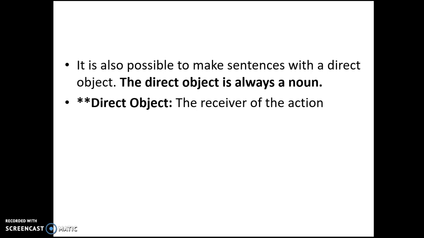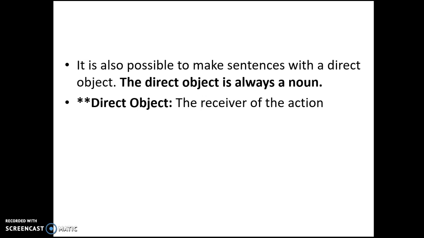So just like in English, in German, it is also possible to make sentences with a direct object. Now, so far, like I said, we have sentences that have the subject as a noun. But today, we're going to start looking at sentences where there are two nouns, so two people, places, or things in a sentence, and the direct object is there as well.